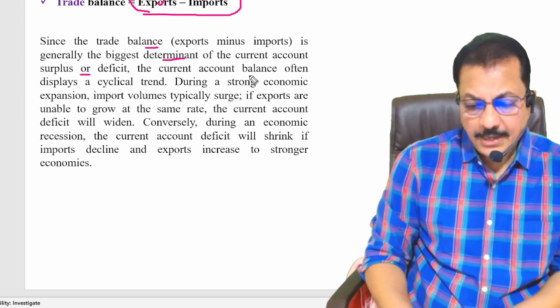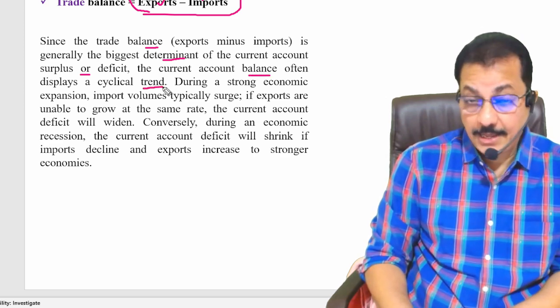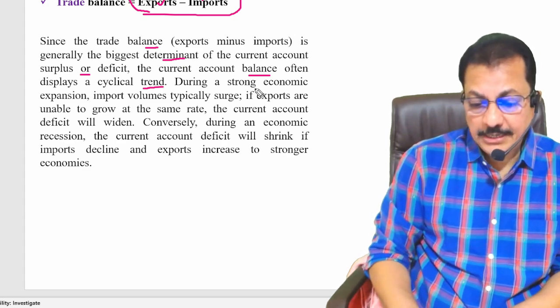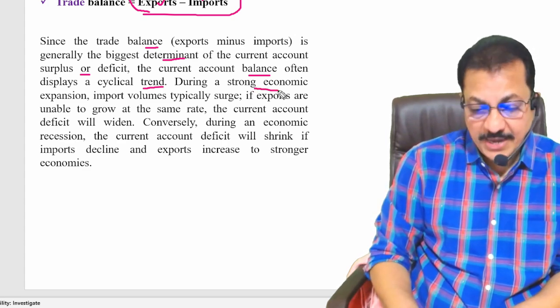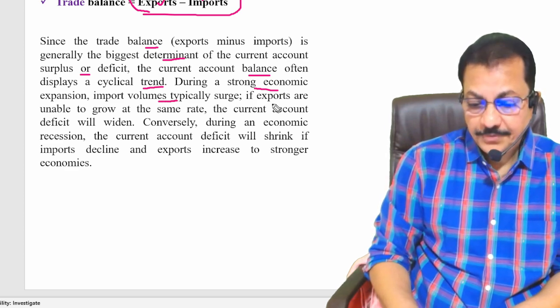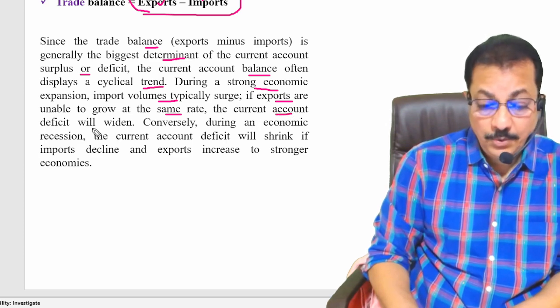The current account balance often displays a cyclical trend. As I told you, that is always a cyclical trend. During a strong economic expansion, import volumes typically surge. If exports are unable to grow at the same time, the current account deficit will widen.